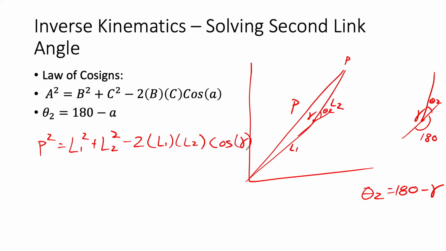So we can solve for gamma, just doing the algebra and trig. Then we can solve our theta 2 as 180 minus gamma. So at this point, we now have theta 2. So we're halfway done, sort of.